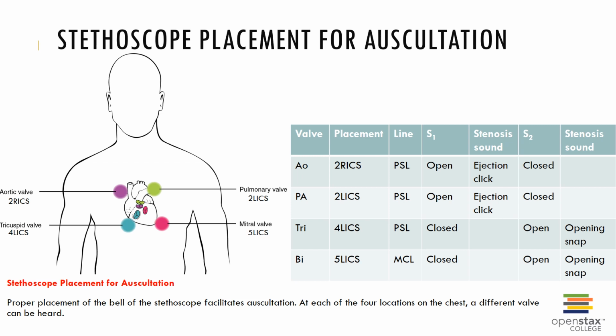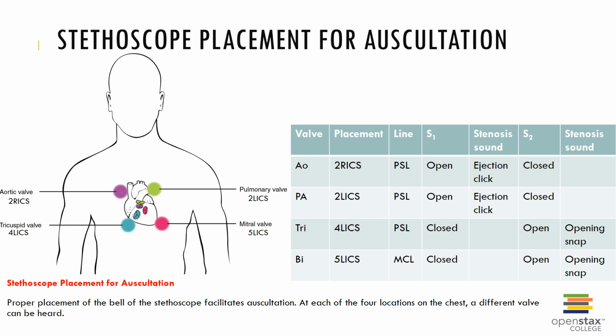The third and fourth heart sounds are usually faint and seldom audible in healthy adults. However, these sounds may be heard and can be associated with blood flowing into the ventricles, as with S3, and atrial contraction, as with S4.